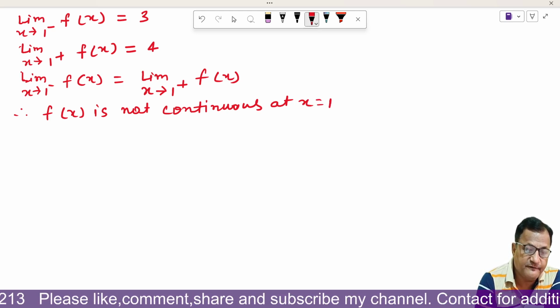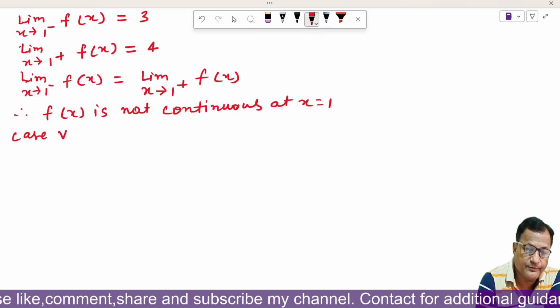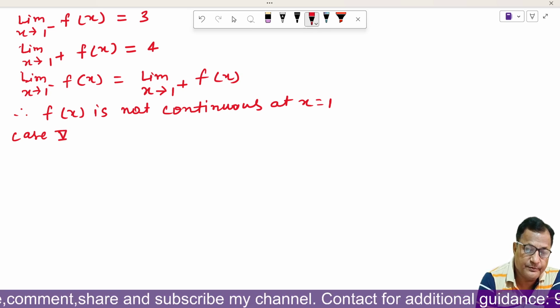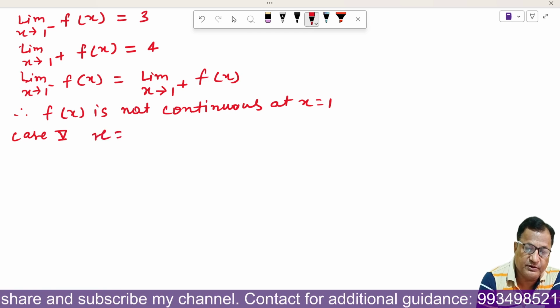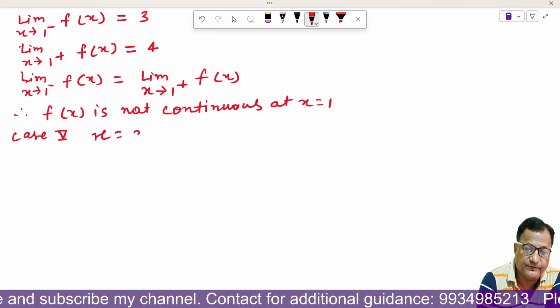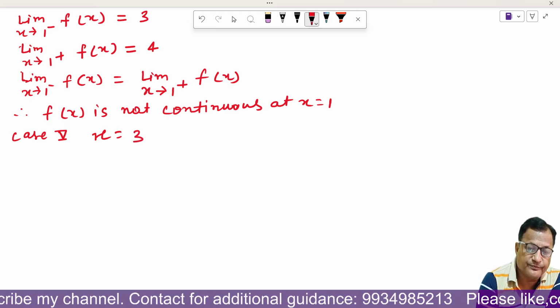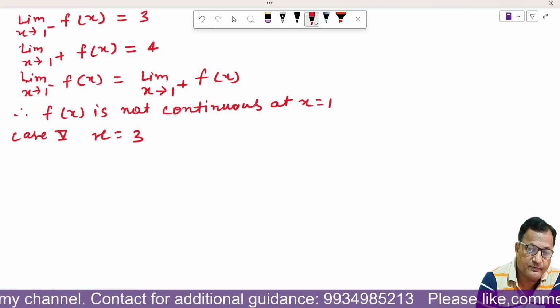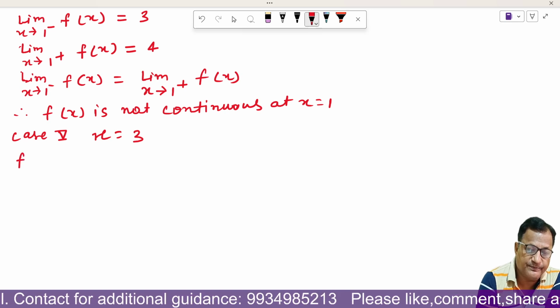Case 5, x is equal to 3. So we will check continuity at 3.